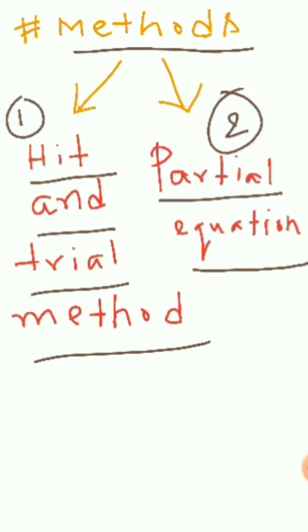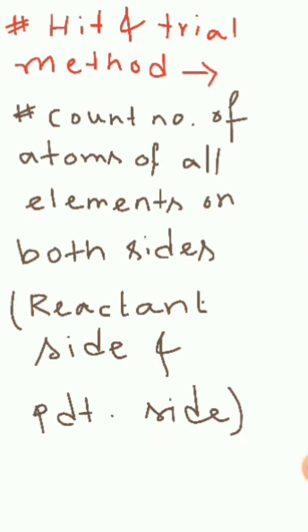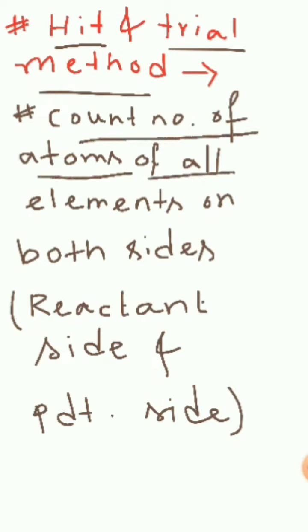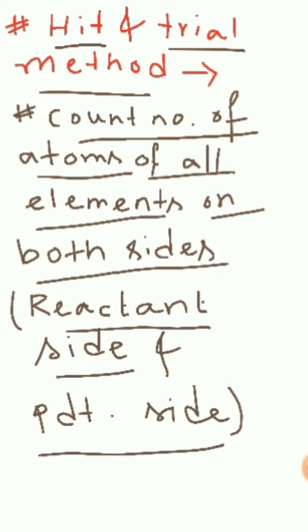Now we check what the hit and trial method is. Number one, we first count the number of atoms of all elements on both sides, reactant side and product side.